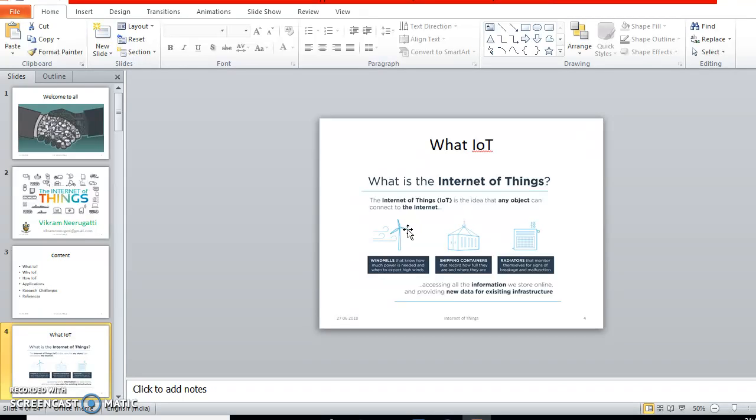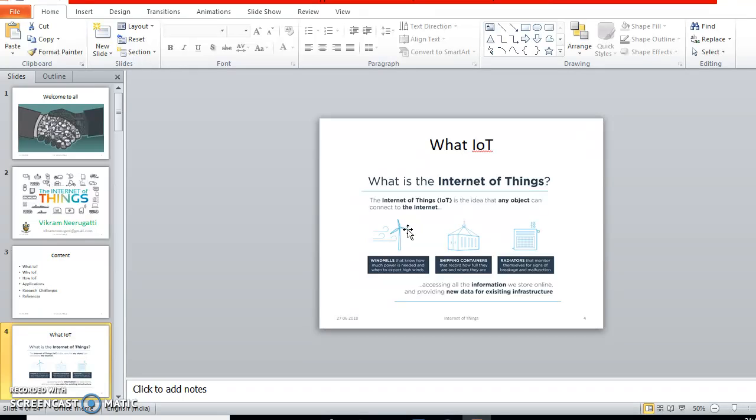For a chair, one IP; for a keychain, one IP; for a desk, one IP; for a car, one IP. Like that, for anything, we need to provide a unique IP, and with the help of that IP, we are able to connect that particular thing to the internet.